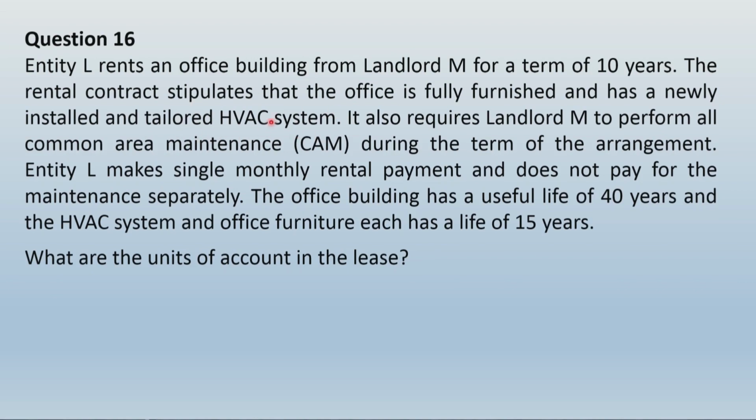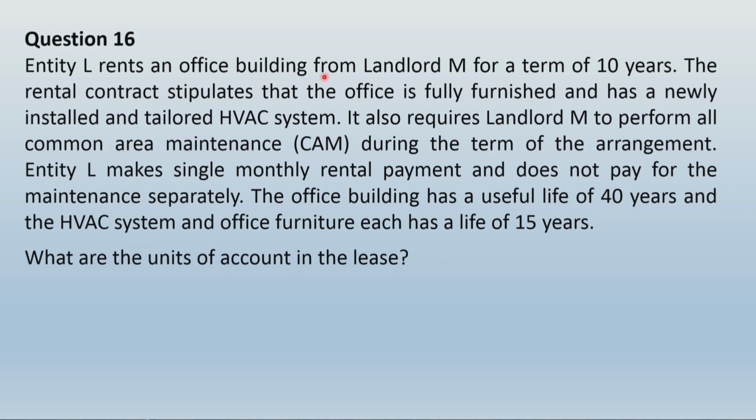Now this HVAC system, can you see it is installed and tailor made. That means this HVAC system is so closely related with the building that these cannot be used individually and independently. The use of the HVAC system cannot be done without this office building because it was tailor made and designed specifically for this particular building.